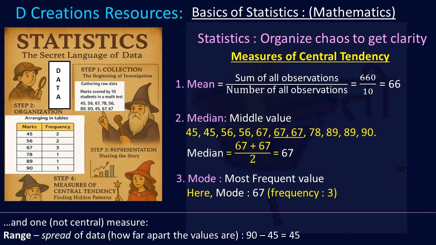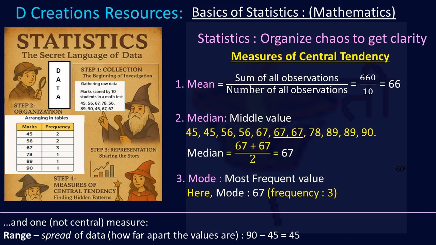Now, how do you interpret this? So, again, if you see it in terms of marks, 66 are the average marks, or if you want to see it in terms of runs, 66 are the average runs, or 66 is the average weight, 66 kg. Then median is 67.